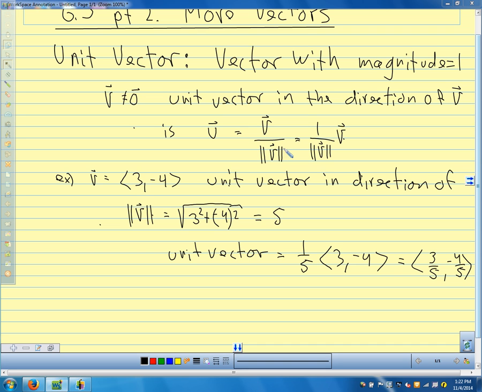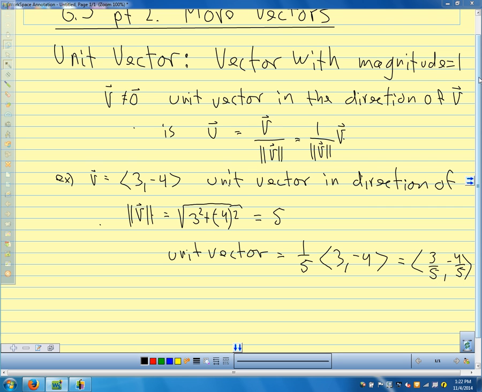So what if the problem asks us for a vector with magnitude 10 in the direction of v? What would I do? We want the magnitude to be 10. Here's a vector of magnitude 1 in the direction of v. So how would I get a vector with magnitude 10 in the direction of v? Multiply the unit vector by 10. If we multiply by 10, we make it 10 times longer.